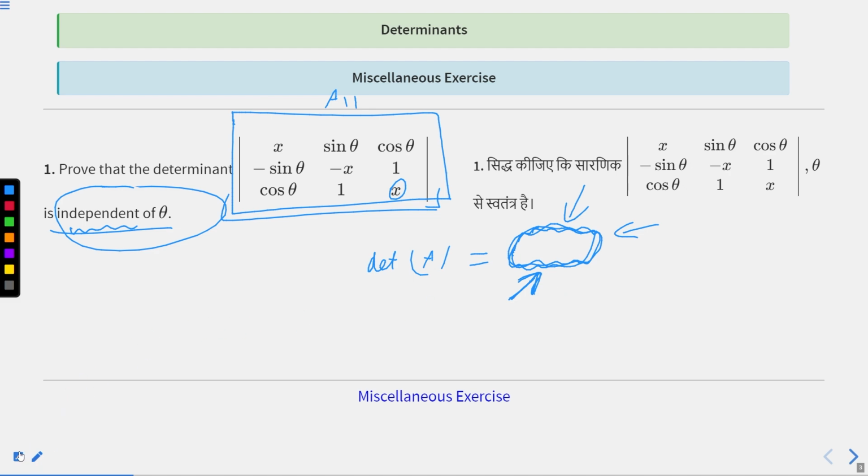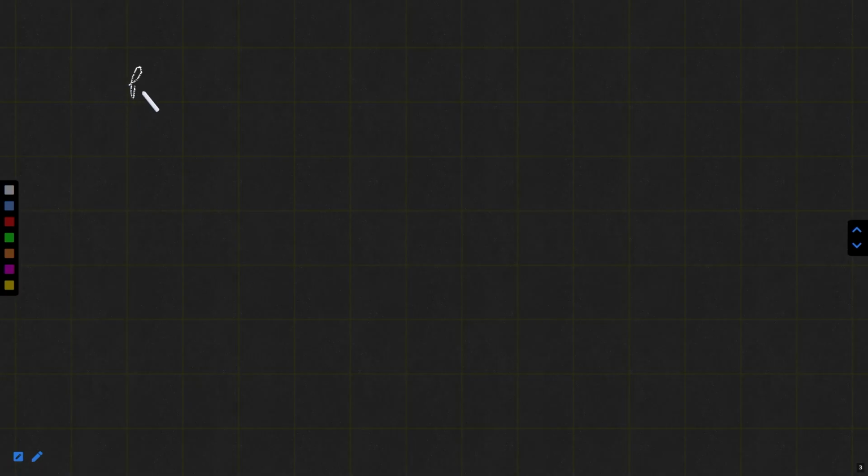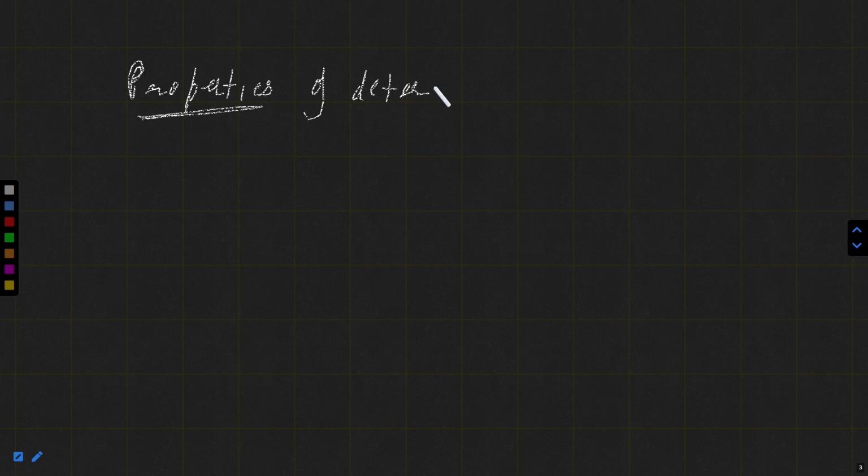Now let me recall some properties of determinants, which help you find determinants quickly.